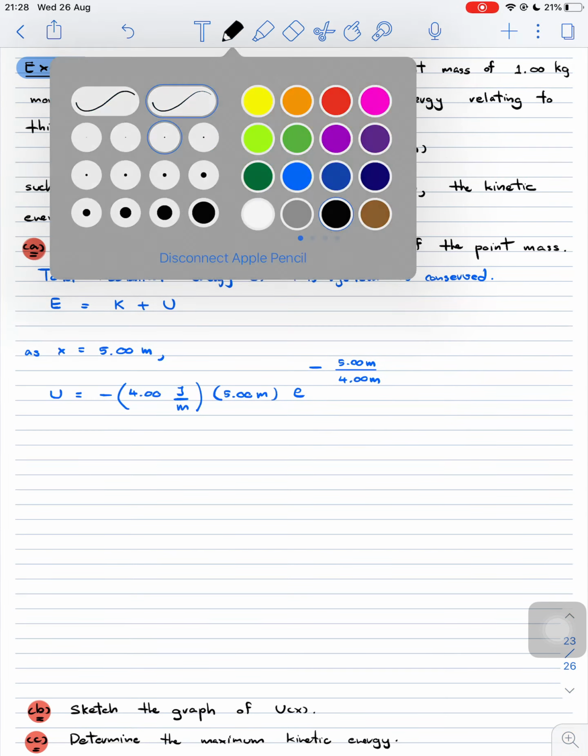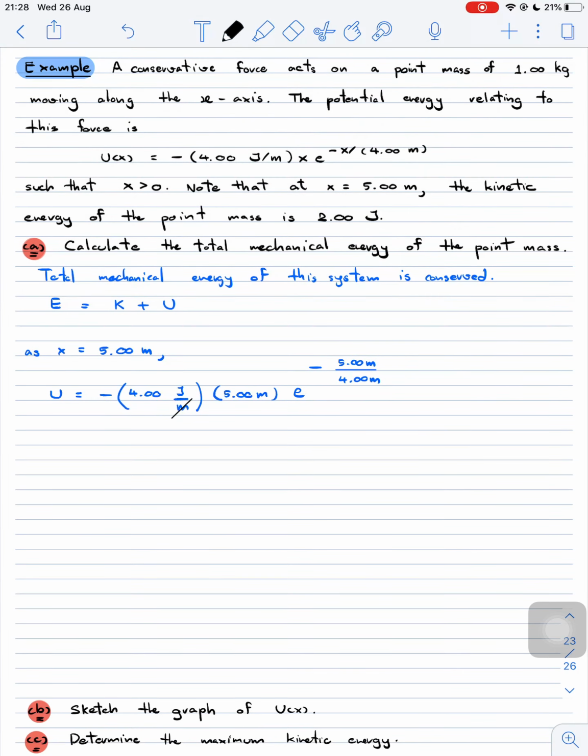So you can see that the unit of meter cancels out, and finally we get the unit of joules, which is the unit of the potential energy.